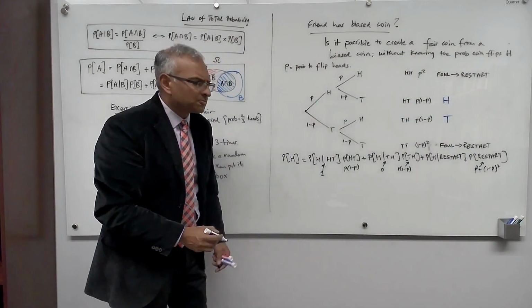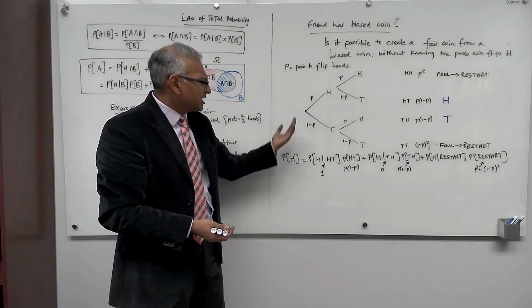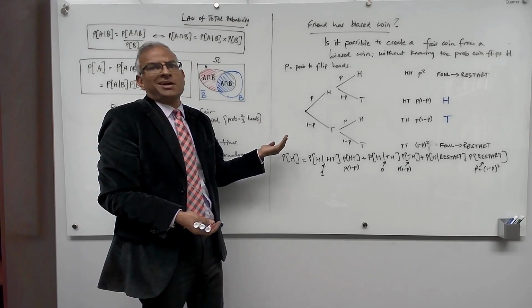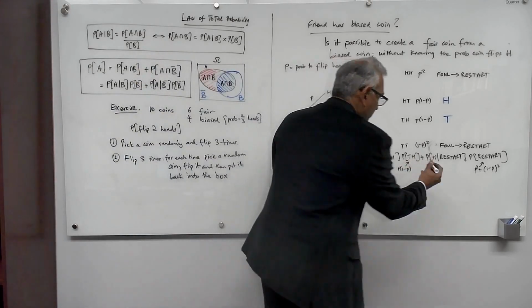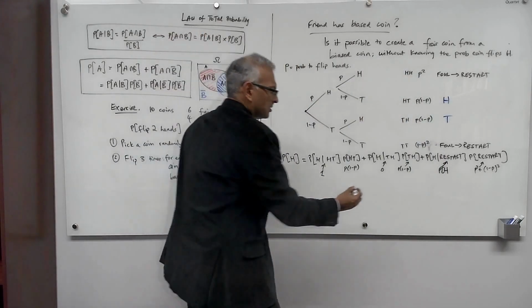Okay. Now, what's the probability of heads given restart? Well, if you restart, the chances of heads are exactly the same as the chances of heads at the beginning of the experiment, because that's what it means to restart. So this is exactly the probability of heads. Okay, so what do we have?